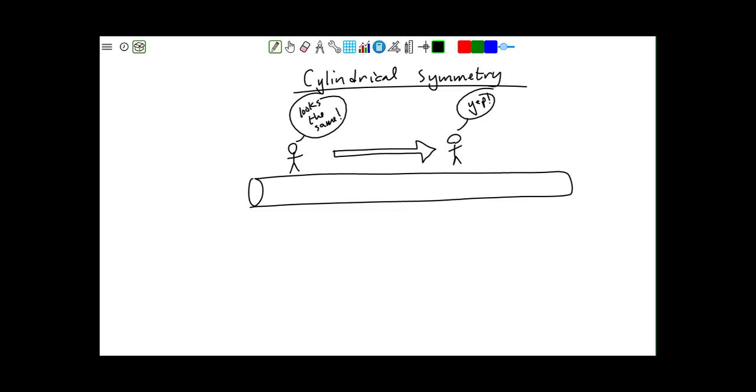This type of symmetry is symmetric about an axis that passes through the cylinder. So we'll call this translational symmetry. No matter how far you walk, the cylinder looks the same. This is one property about objects that have cylindrical symmetry.